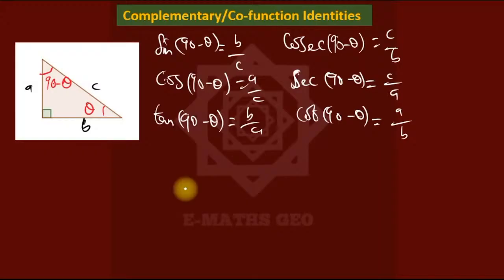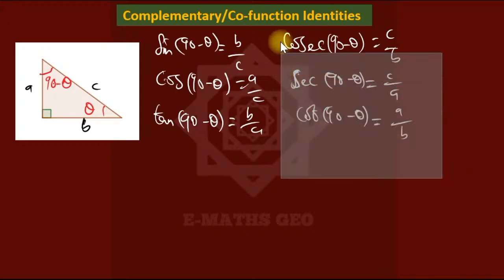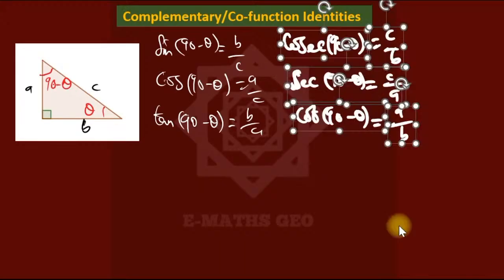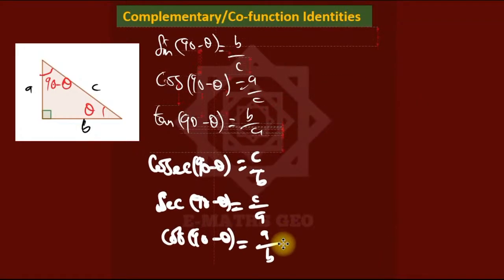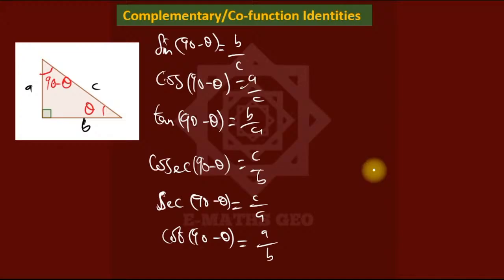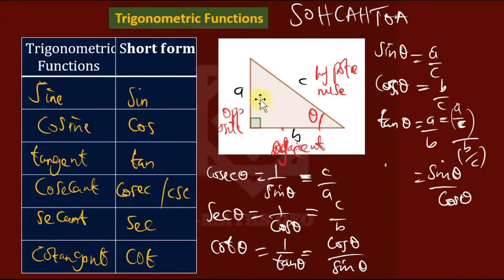So therefore, let's give this a space. Remember, from what we've just checked now, B over C is now cos theta because we're using the same triangle. This is the same triangle as the former one, the same thing.